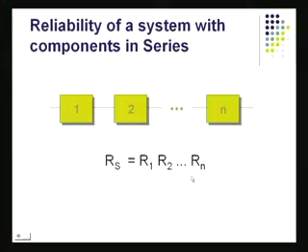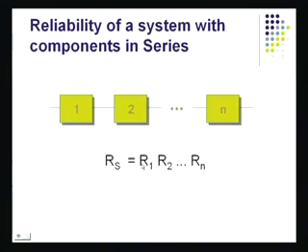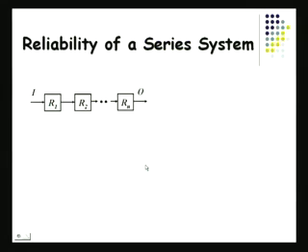Here the reliability of the system, which is the probability that the system is going to survive, be up and running for the period of time over which you are doing the evaluation, is going to be the product of every one of them surviving for that period of time. So reliability of system is equal to R1 times R2 times R3 and so on and so forth. Any of these R's, of course, are what we call 1 minus the probability of failure.